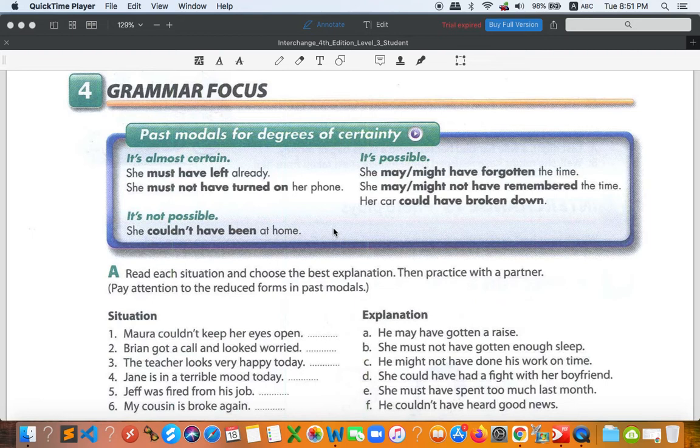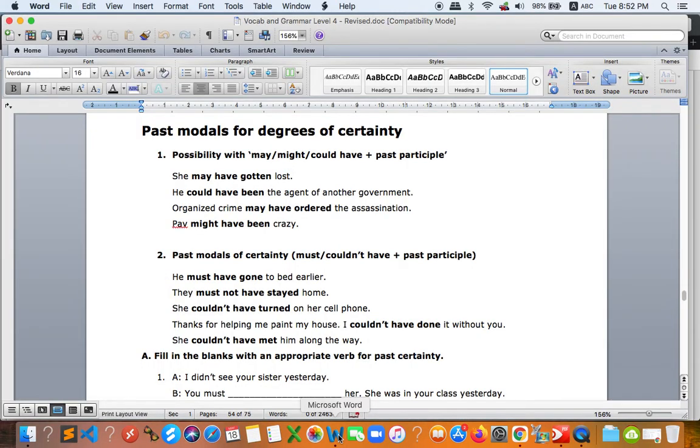It means that we're going to use a past modal to talk about certainty, but when it is in the past. We will talk about three parts here: almost certain, not possible, and possible. Take a look at the handout, and I have the handout for you as well right here. We have past modals for degrees of certainty, the same grammar point.